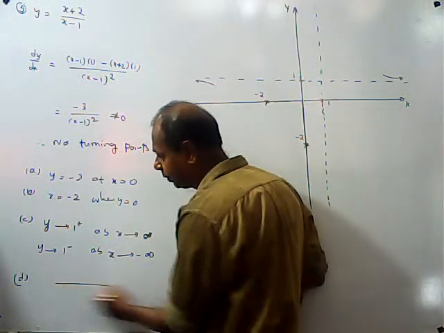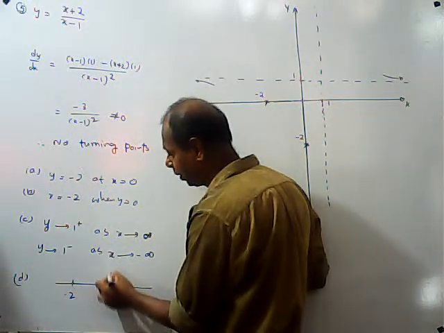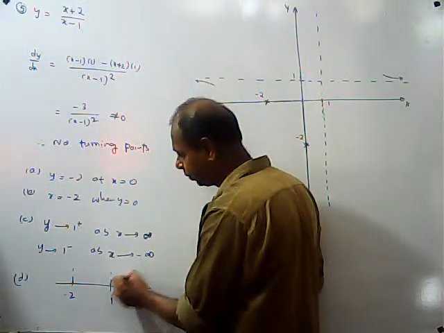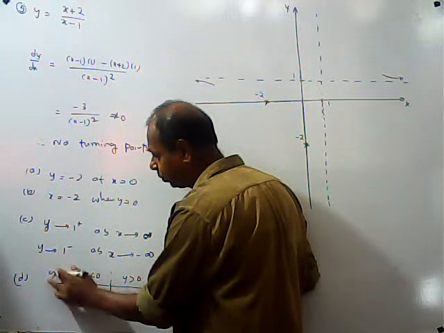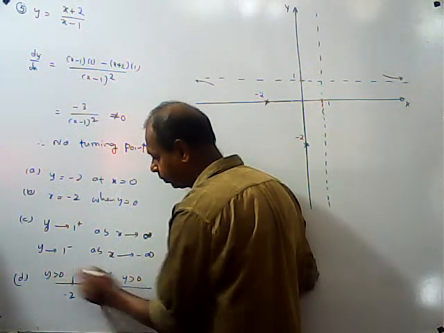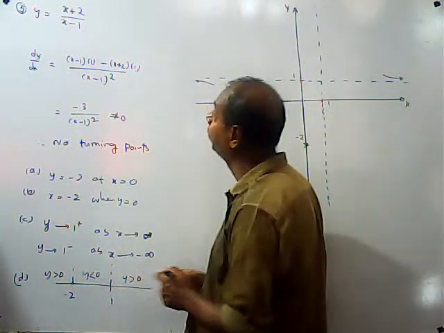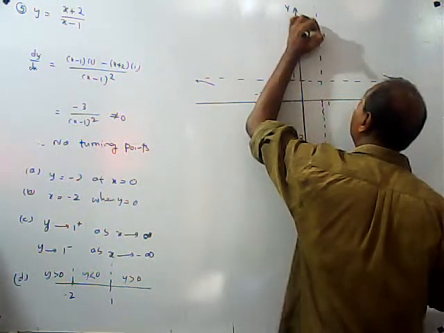To describe that, we mark minus 2 and 1 on either side, as y is positive. Here again y is positive. So right of 1 y is positive, we go to positive infinity.